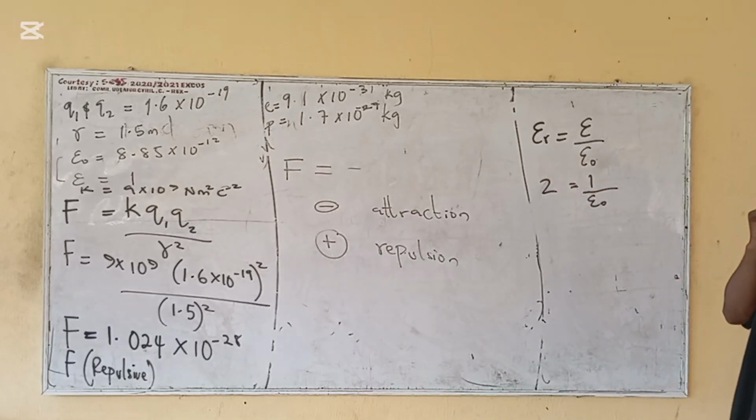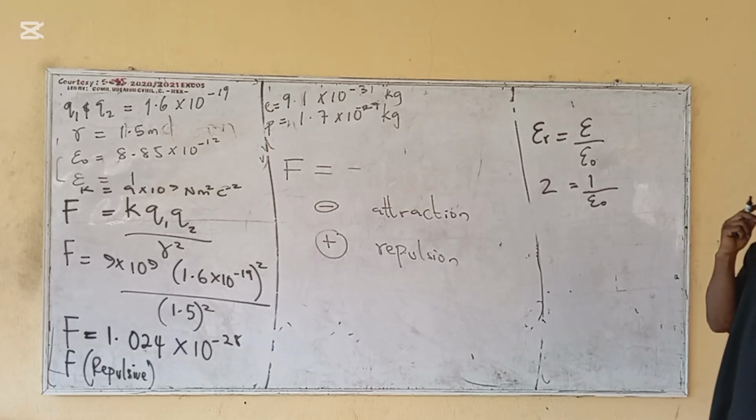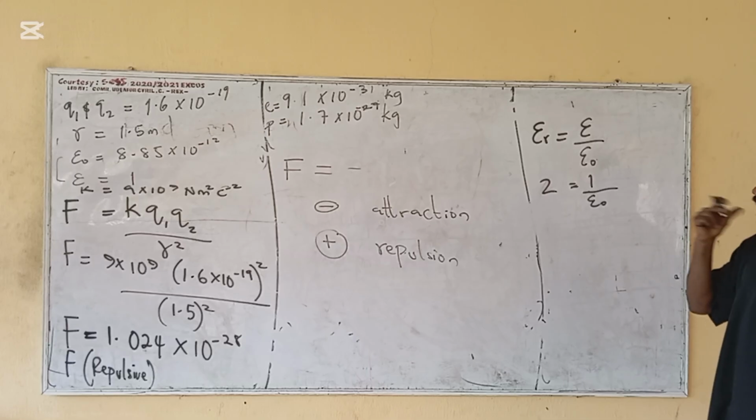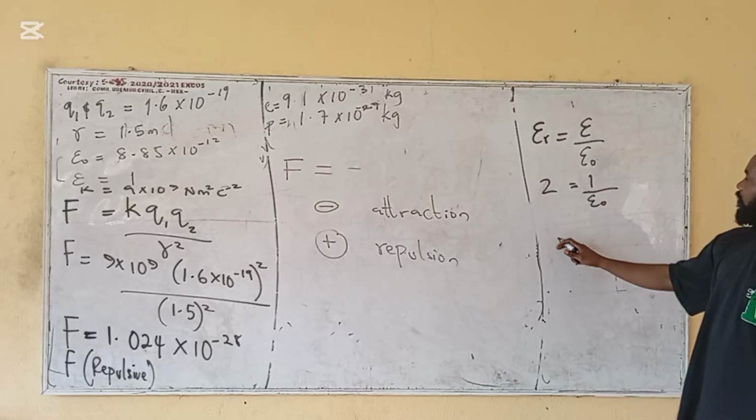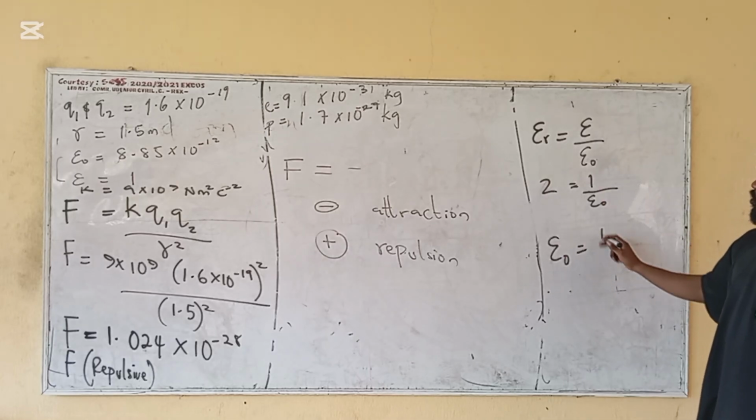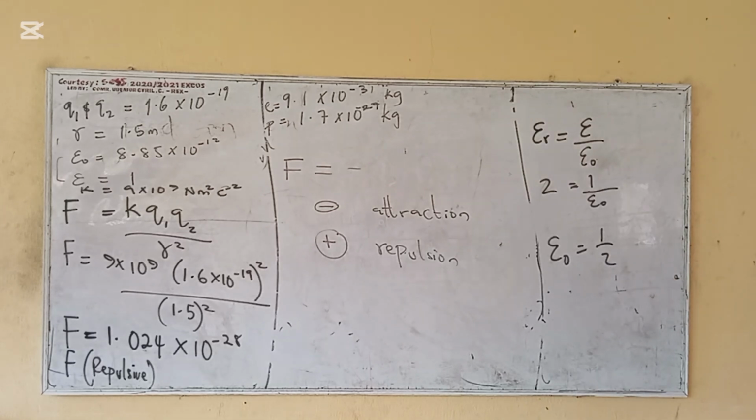So if I make epsilon naught the subject of the formula, epsilon naught equals half. So the answer is your previous answer divided by 2. Now it's going to be 1 over 4 pi times 2 times 8.85 raised to the power of minus 12.